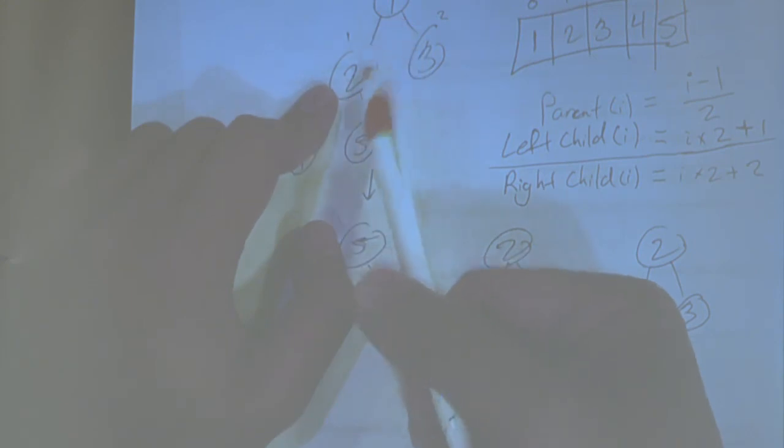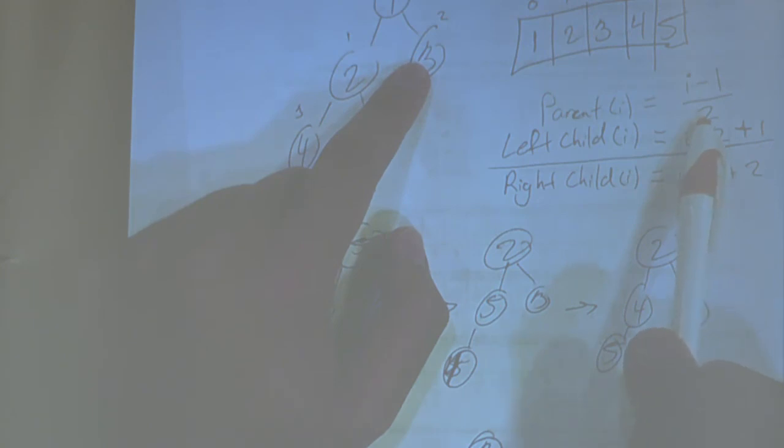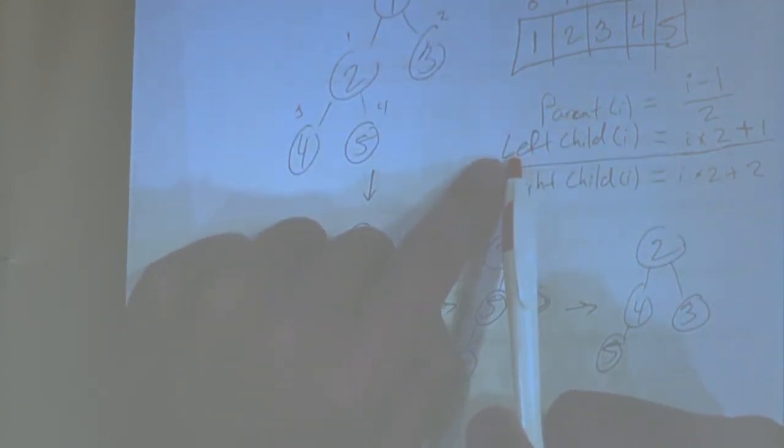So the parent of this guy is this guy, so this equation holds. On this right child, 2 minus 1 is 1 divided by 2. 1 divided by 2 is 0.5, but it's truncated down in C to 0, so this equation holds true.